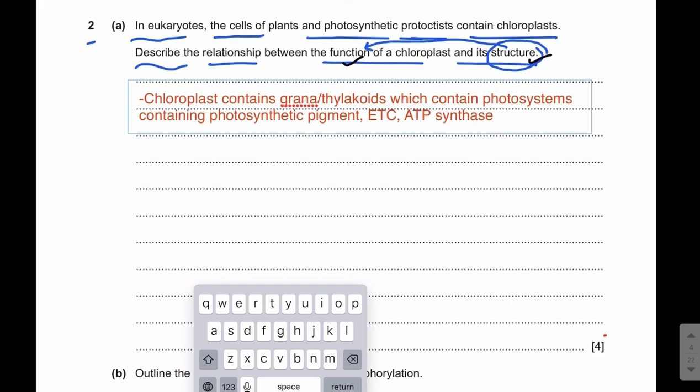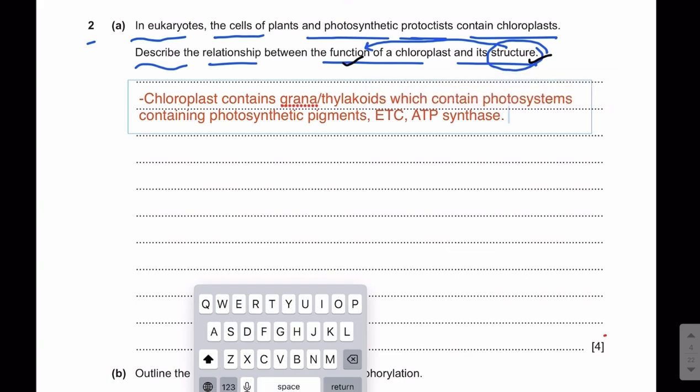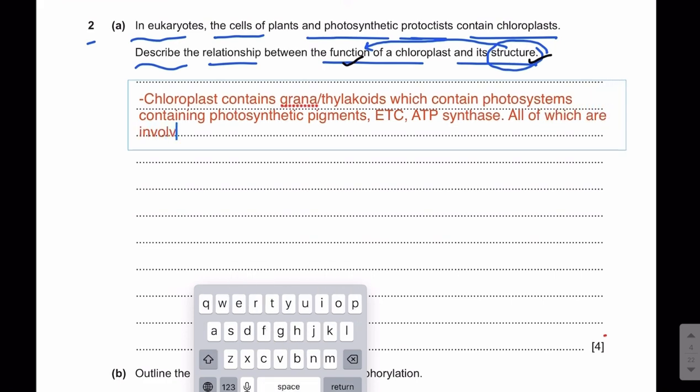So chloroplast contains grana, thylakoids, which contain photosystems containing photosynthetic pigments, electron transport chain, ATP synthase, all of which are involved in light dependent stage of photosynthesis. So we are relating the structure of the chloroplast with its function, right? This is the first point.